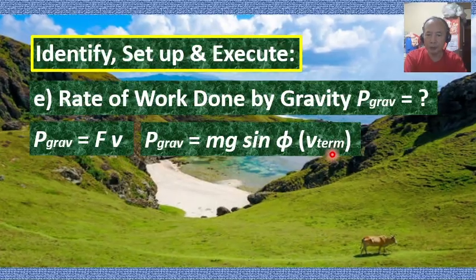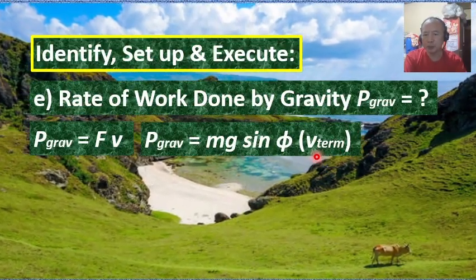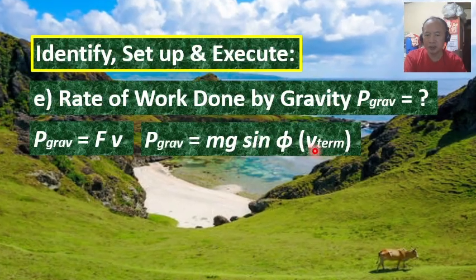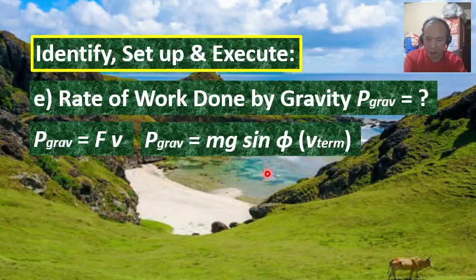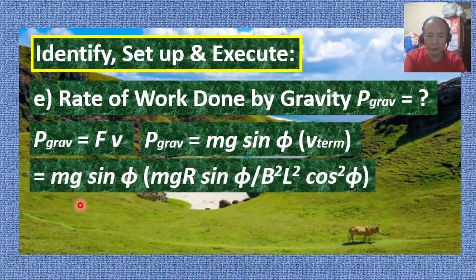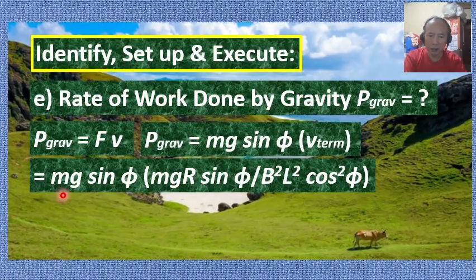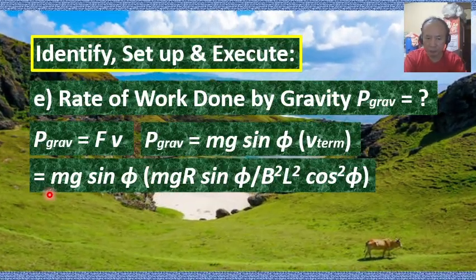And then using the earlier expression for the terminal speed, we just substitute that here and come up with this, again, long expression for P sub grav.